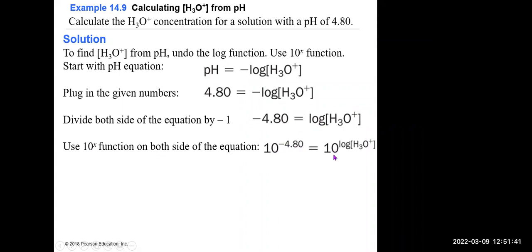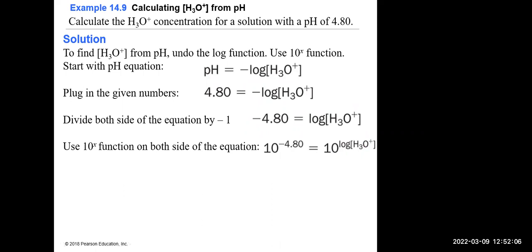On the right, you use the base-10 exponential, so you get 10 to the power of log H3O plus. Then this exponential function and logarithm function are inverses of each other, which means they cancel. They don't do anything.